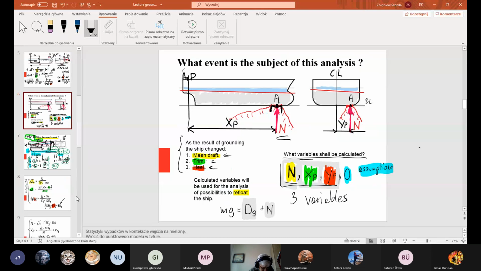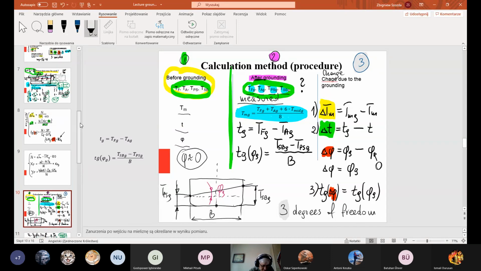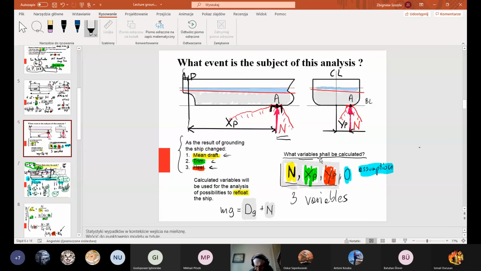I am back to those slides: 3 degrees of freedom, change of mean draft, change of trim, and change of angle of heel. Then we can put 3 formulas, 3 equations. If we can put 3 equations, it will be possible to calculate 3 variables. Number 3 here is the key word. Yes, it is very important. 3 variables. Okay.